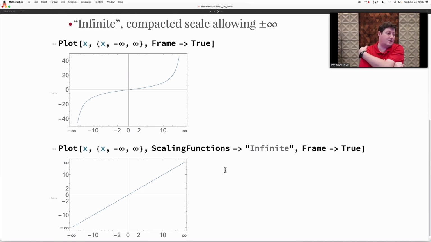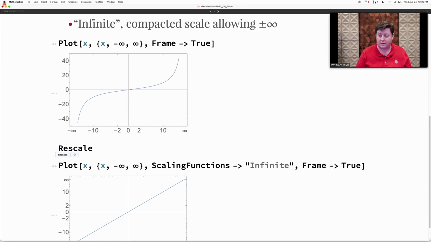And so Sander was wondering whether it was arctan, and I think it's not. I think we have the ability to do it with arctan, and you could write your own scaling function that did it with arctan as well. But I think it's actually using whatever, it's somewhat arbitrary.